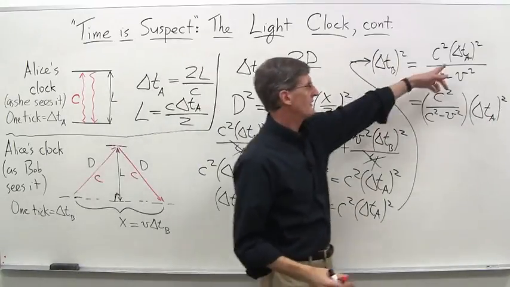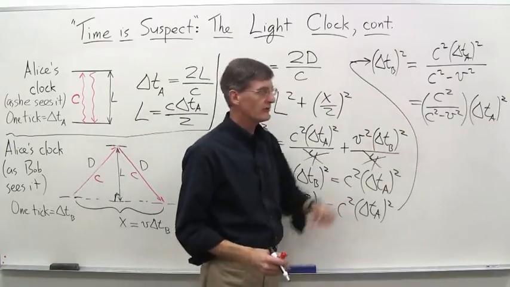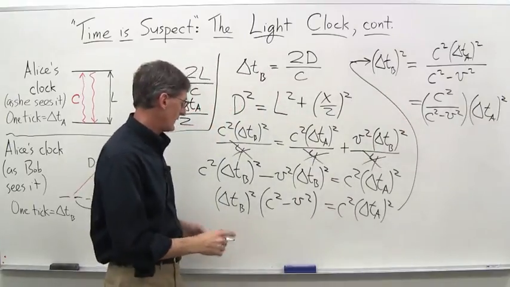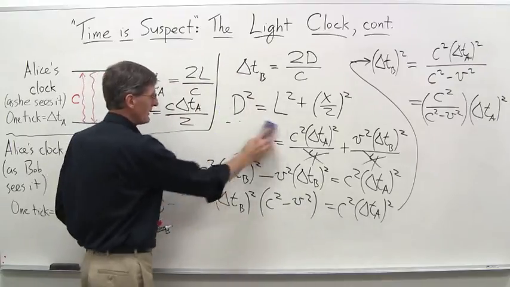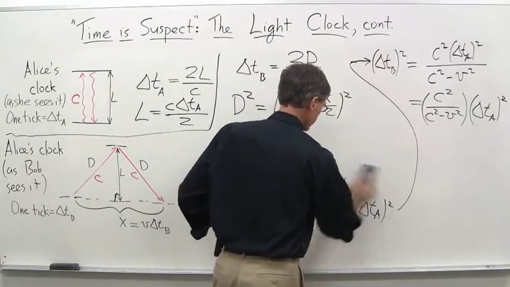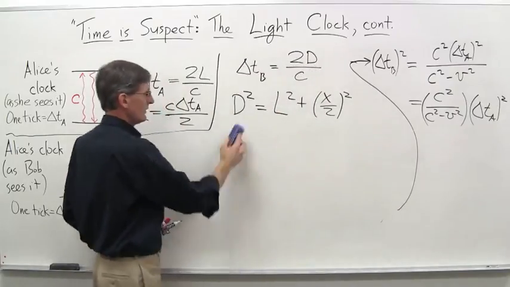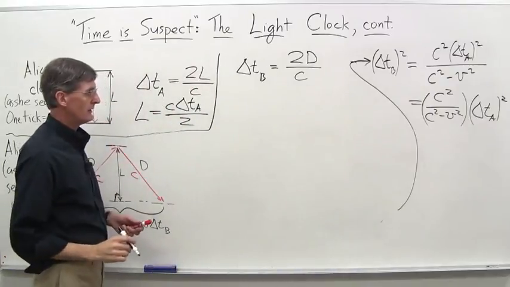I really didn't do much of anything there. I just moved the delta ta squared out here. So we can focus on the c squared over c squared minus v squared. And now let's bring it back to the center of the board. So done all these manipulations here. We don't need this anymore either. We'll leave up our original delta tb there.